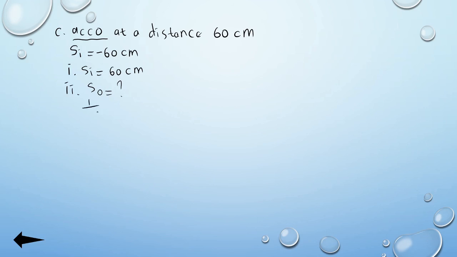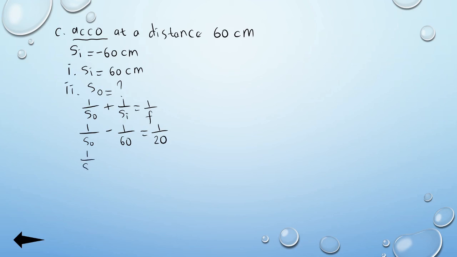Use the general equation 1 over SO plus 1 over SI equals 1 over F. 1 over SO minus 1 over 60 equals 1 over, remember, the value for the focal length, we get it from question number A. It is 20 centimeter.